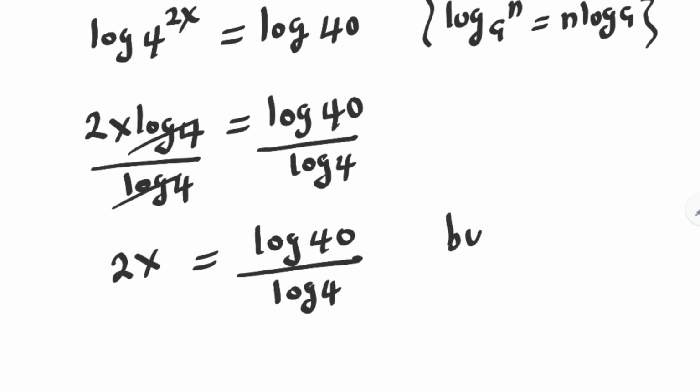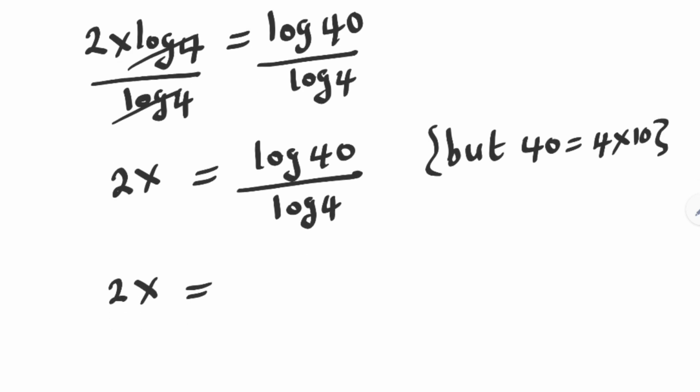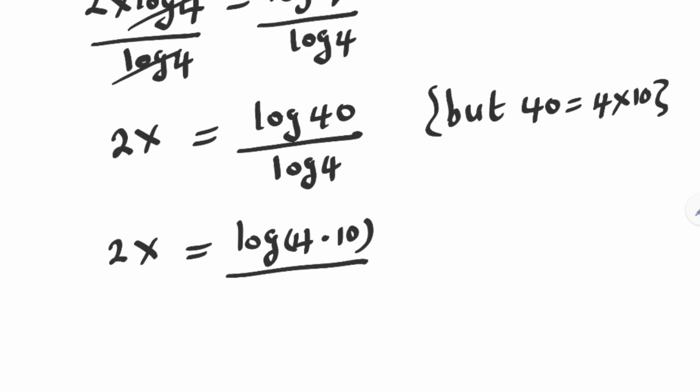But 40 is equal to 4 multiplied by 10. 2x is equal to log 40 can be written as log 4 multiplied by 10 divided by log 4.